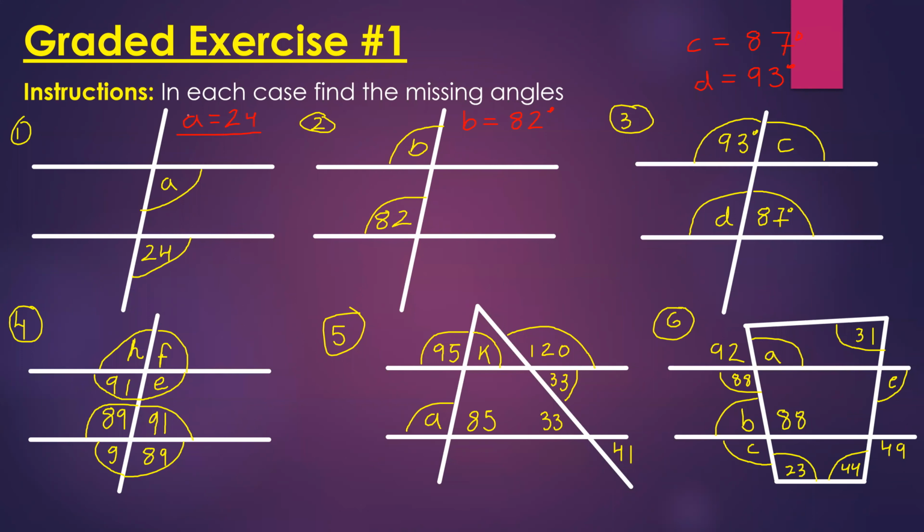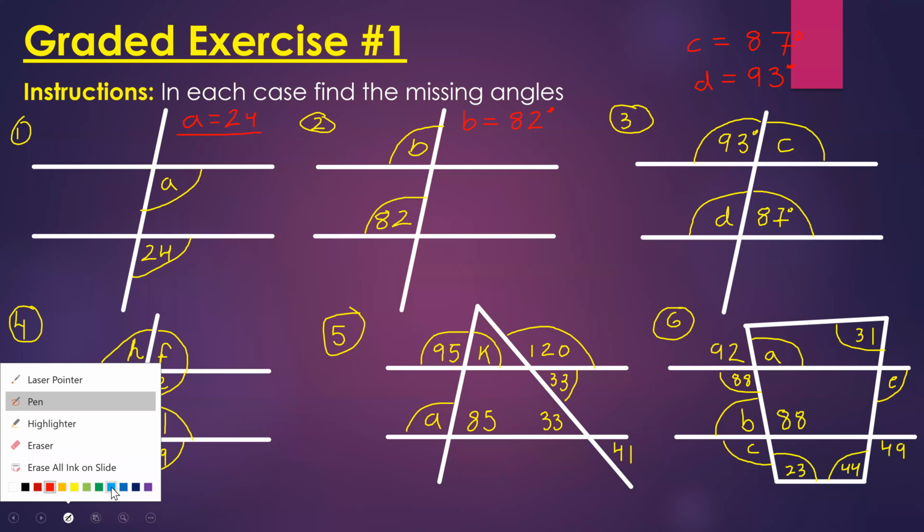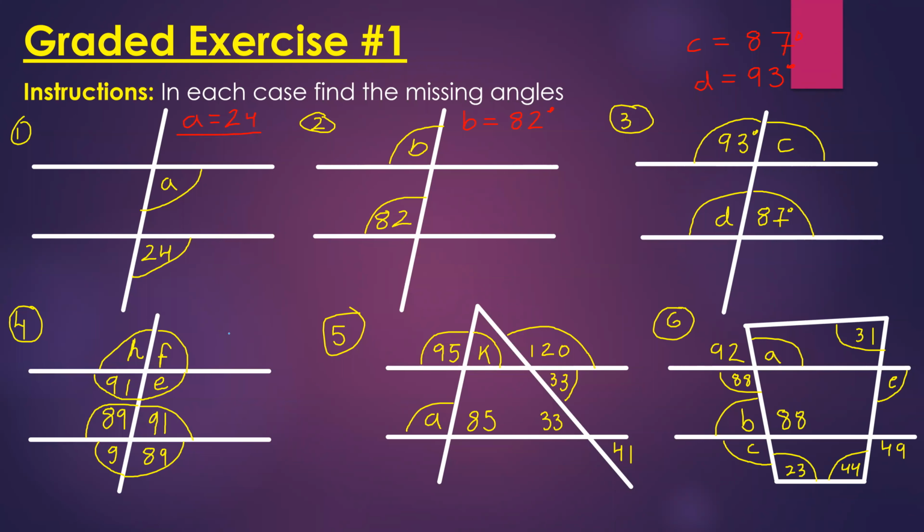Can I do number 4? Who asked to do number 4? Me, Deandra. Okay, cool. I just want to ask which brave soldier asked to do number 4. Okay, go ahead. So I get E is equal to 98.